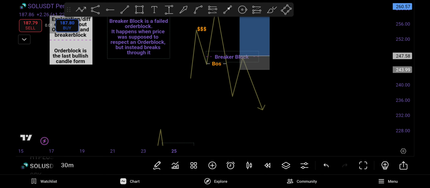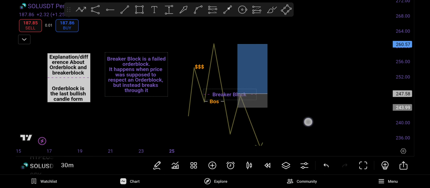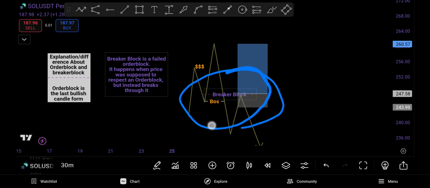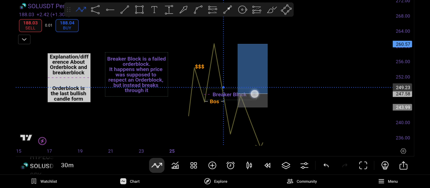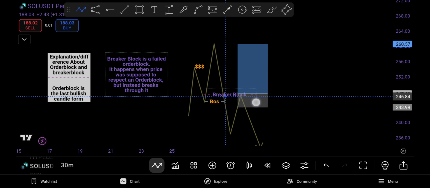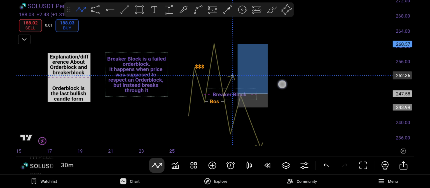So traders who entered a long buy expecting this order block to hold are trapped. Traders who entered a long at this place, expecting the order block that was there before it turned into a breaker block to control their moves back up, are trapped.